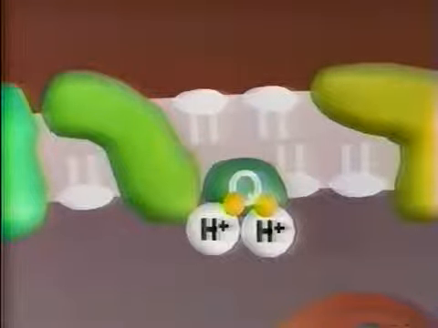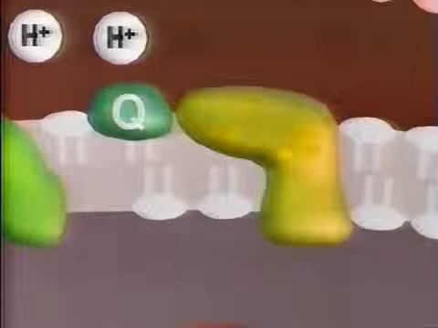This complex, called coenzyme Q, actually glides up through the membrane and dumps the hydrogen ions into the intermembrane space. The electrons then move to the final complex and wend their way back to the matrix side of the membrane.